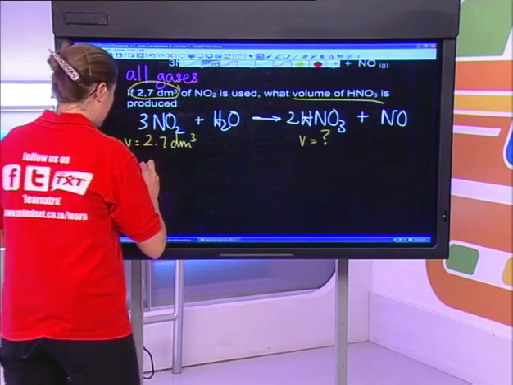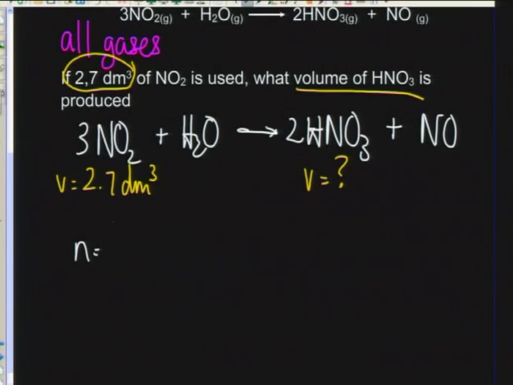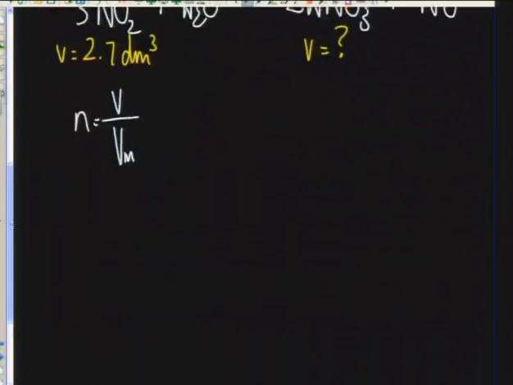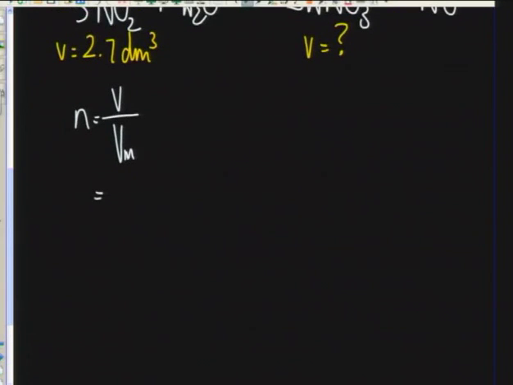Number of moles is equal to volume divided by the molar volume. Let's give ourselves some space to write. What volume did we have? We had 2.7 decimeters cubed, and we are dividing here by 22.4 decimeters cubed.